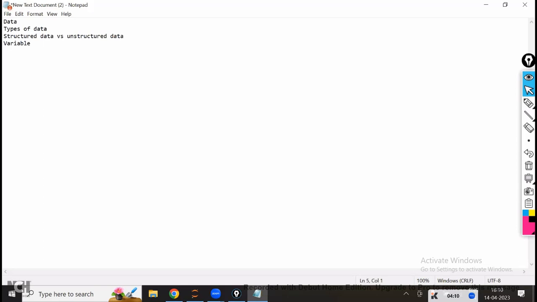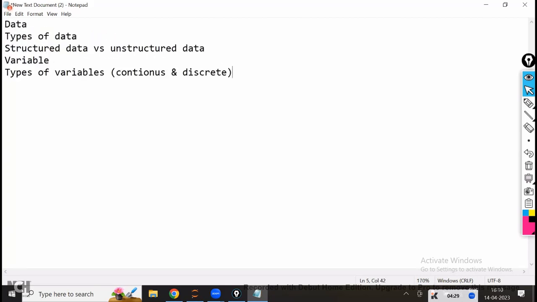Then we discussed the different types of variables available: continuous and discrete. These are the things we have discussed, along with the types of variables.